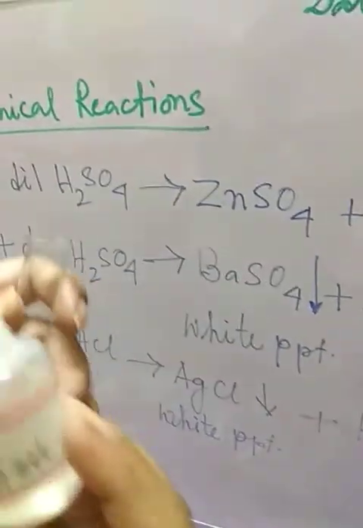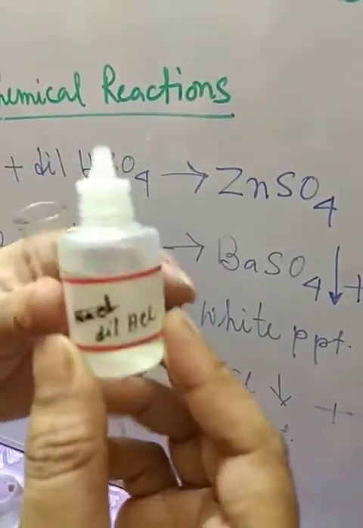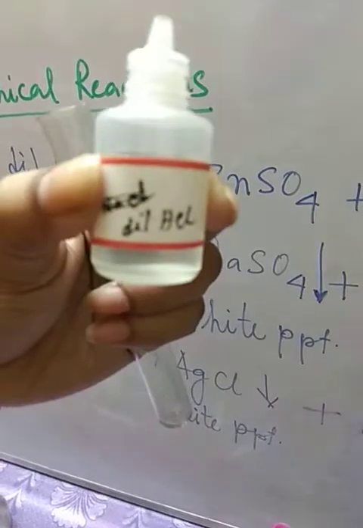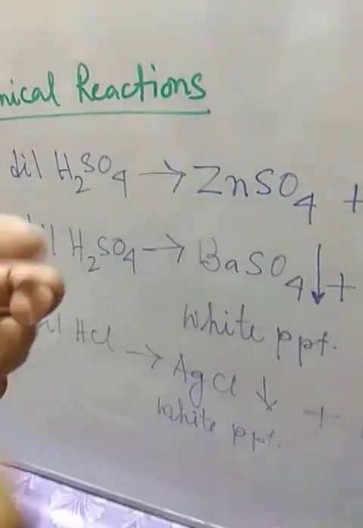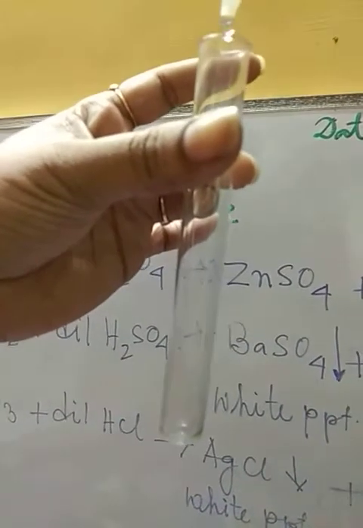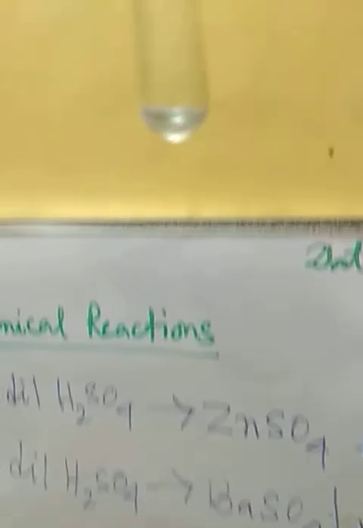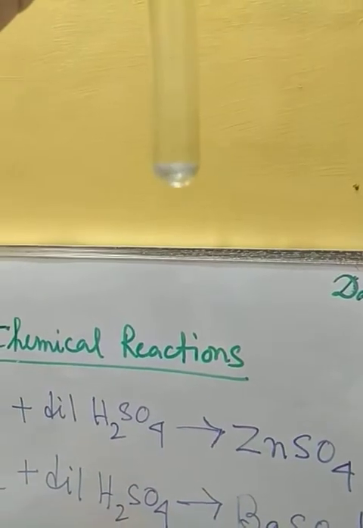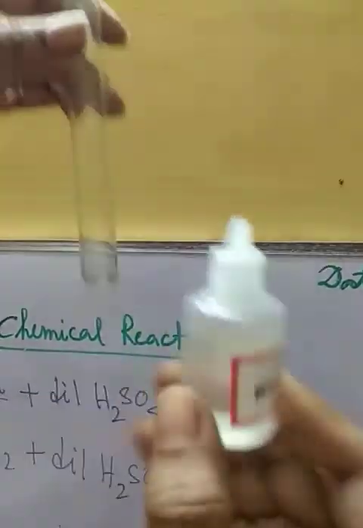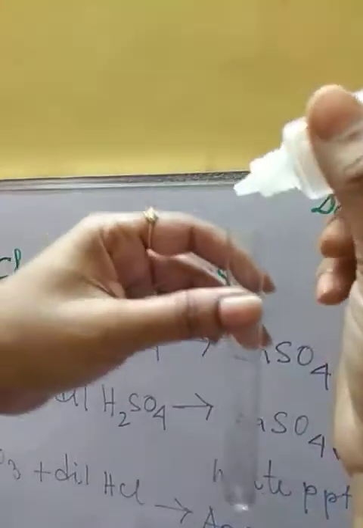In the same manner we are getting the diluted form of hydrochloric acid also. So few drops of this. Achha, before adding this you can see the clear, transparent color of this solution. HCl is also colorless, transparent. Now we are going to add this.